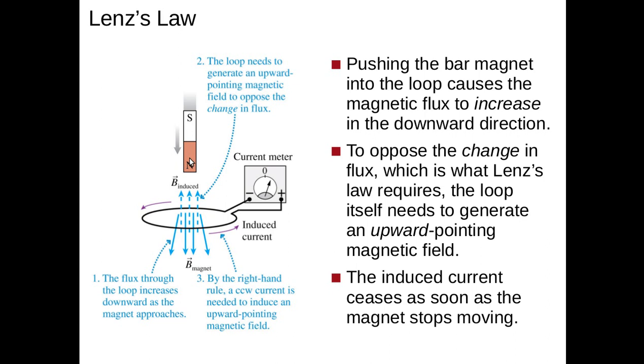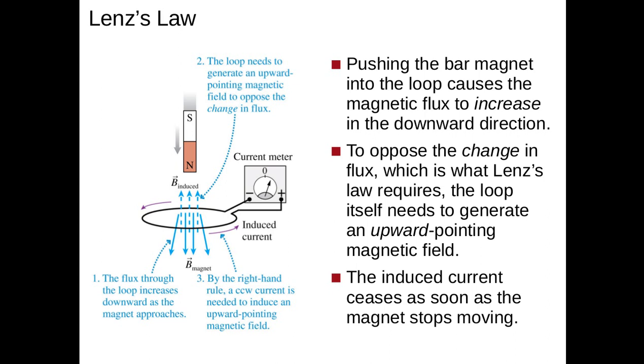So there's an induced current that's related to the induced magnetic field. How do I determine the direction of the induced current? I got to use another right-hand rule.